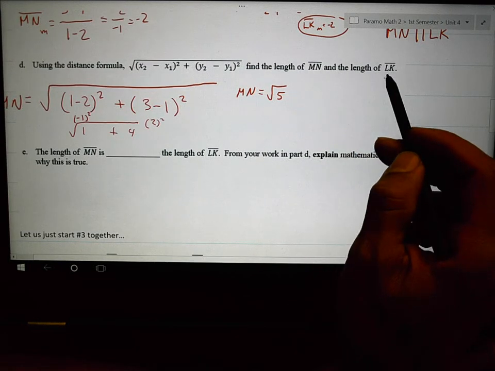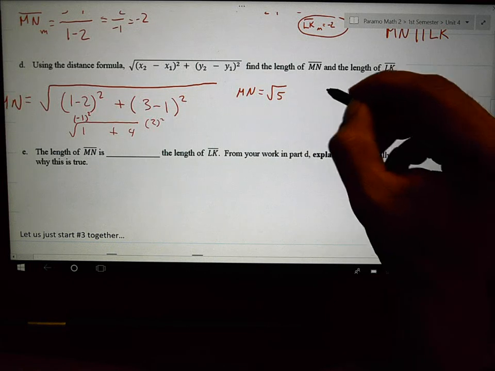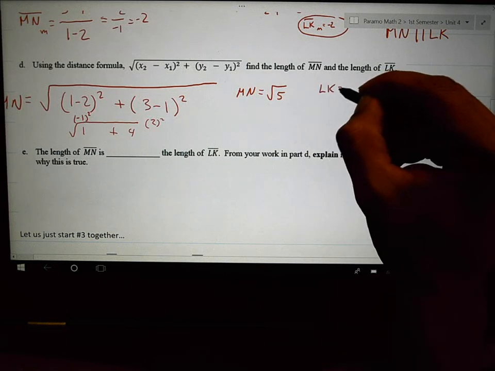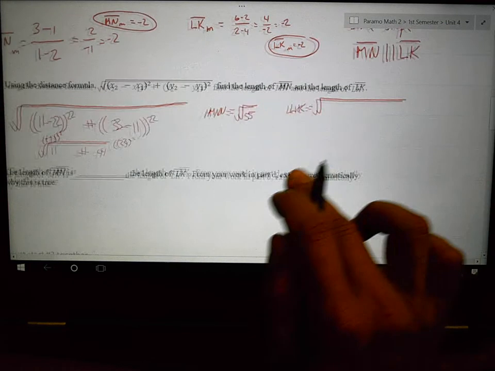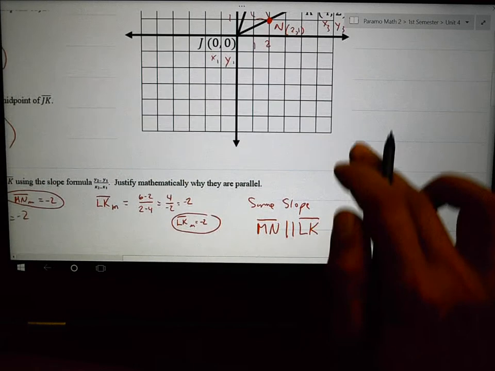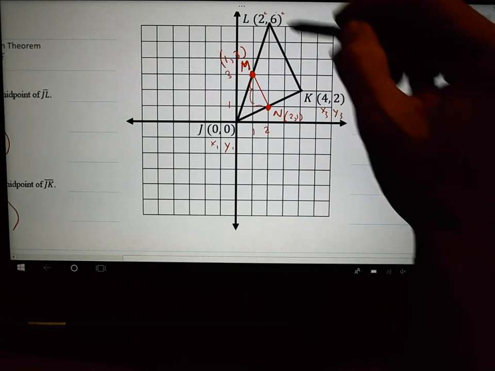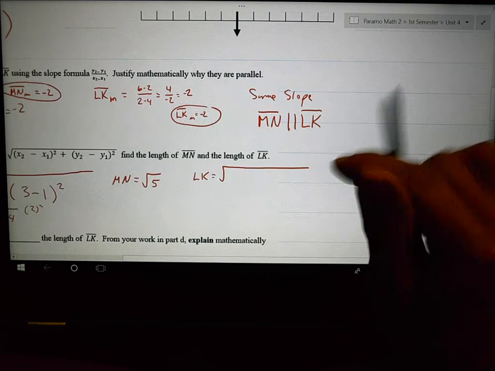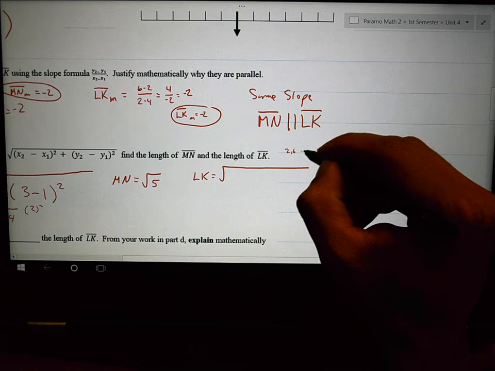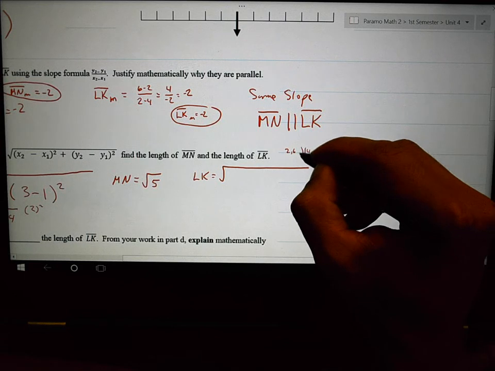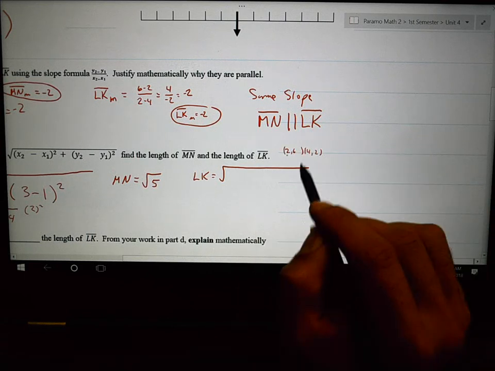Now we're going to find the length of LK. LK equals the square root of, and I have to go back to what my L and my K were, 2, 6, and 4, 2. So I have to subtract my x's.